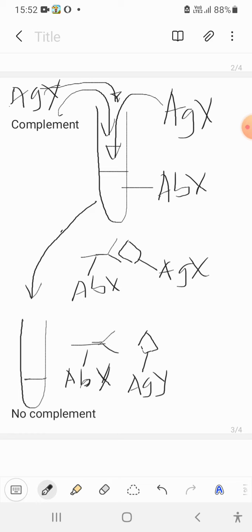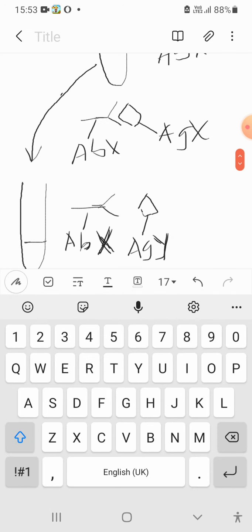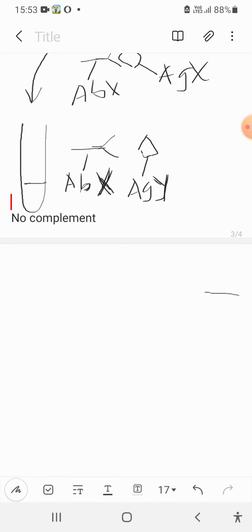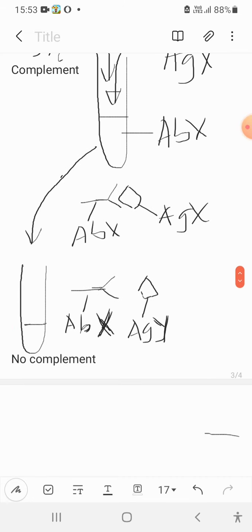So in this second case scenario, there is no antigen antibody complex because they are not specific to one another. This is X, this is Y. So there's no complex inside the tube.